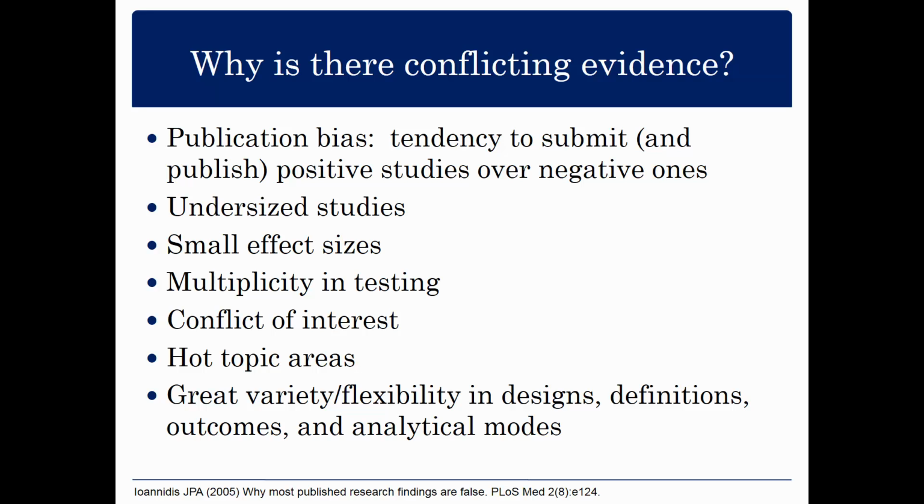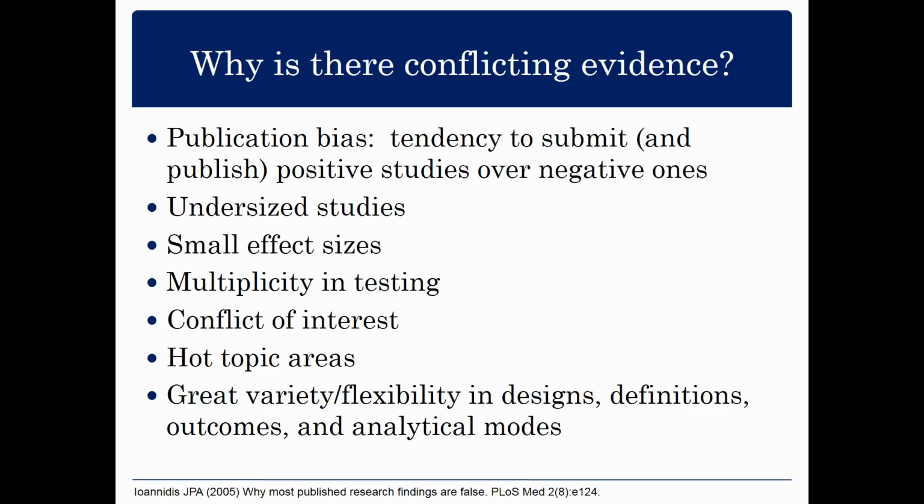We can talk about those reasons, but some of them are on the shoulders of the actual researcher. Some of them are on the shoulders of publishers. So there's a tendency to submit and publish positive studies with statistically significant findings over ones where P wasn't small enough.